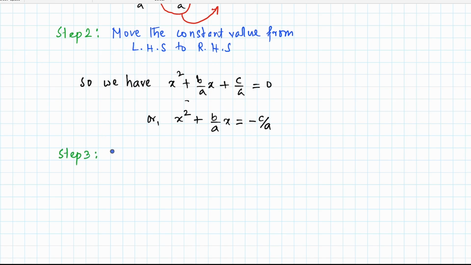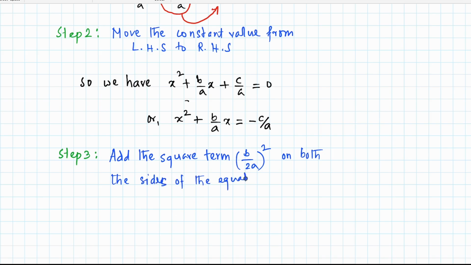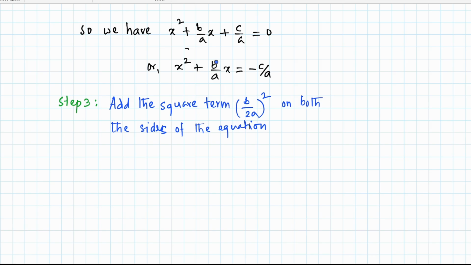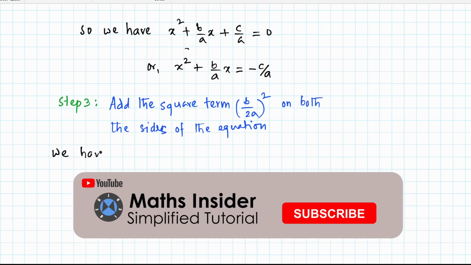Now step 3, we add a square term, which is b by 2a whole square. We add this square term on both sides of the equation.